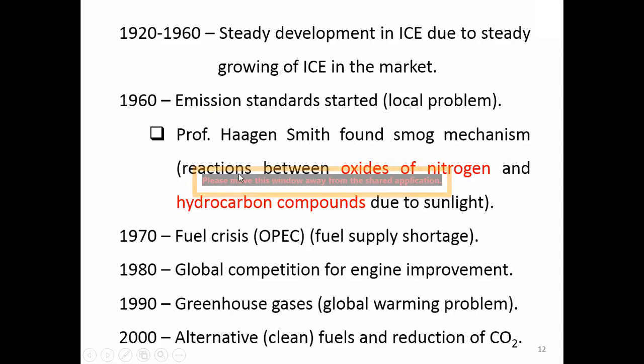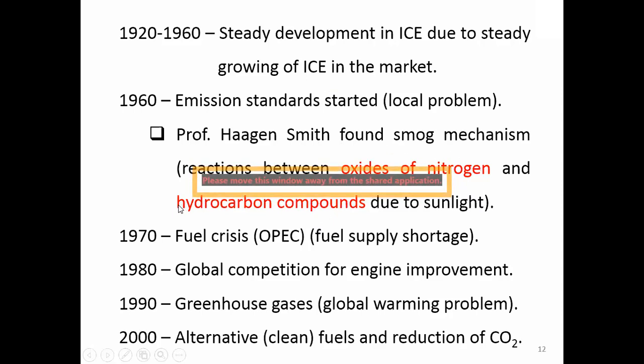These reactions happen because of sunlight. So who emits the oxides of nitrogen and the hydrocarbon compounds? It is the engine, right? Due to combustion, nitrogen oxide comes out, because this is one of the products of combustion.